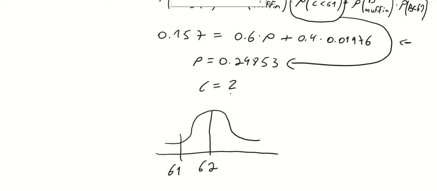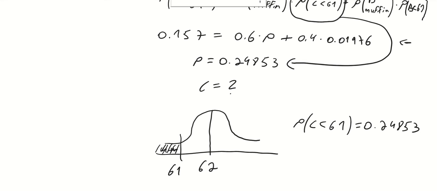We have here the value of 61, and the probability of X to be less than 61 is 0.24853. So now we're going to use the calculator, but instead of asking the calculator to give us the probability, which is here the area, we can also give it the area.